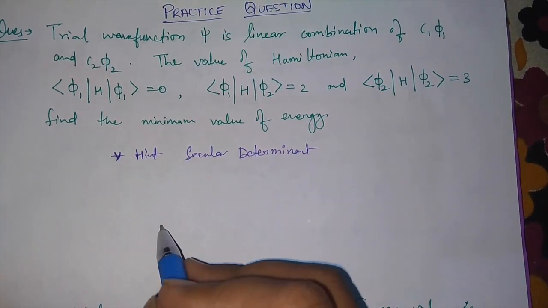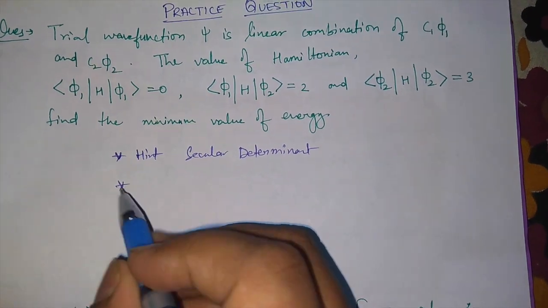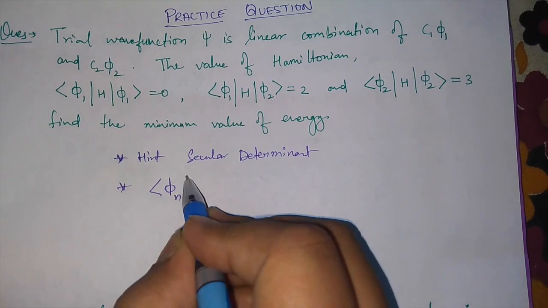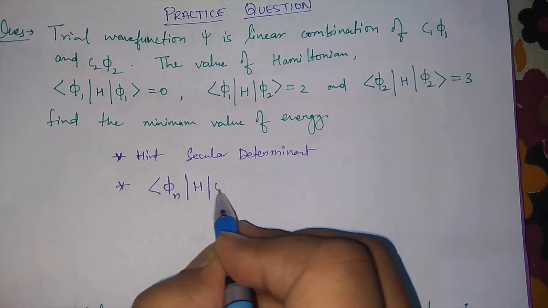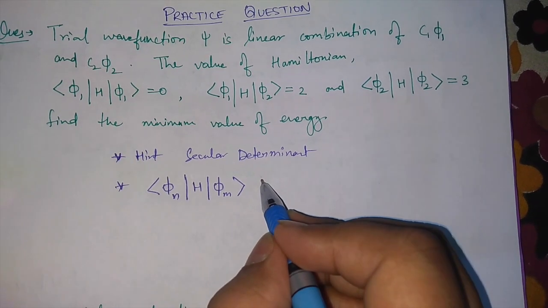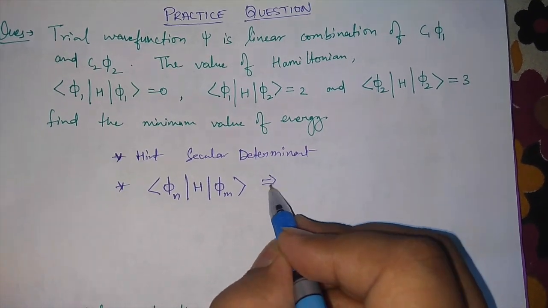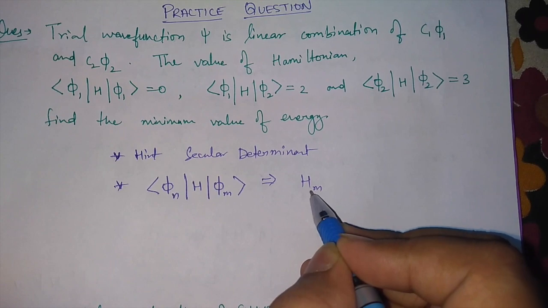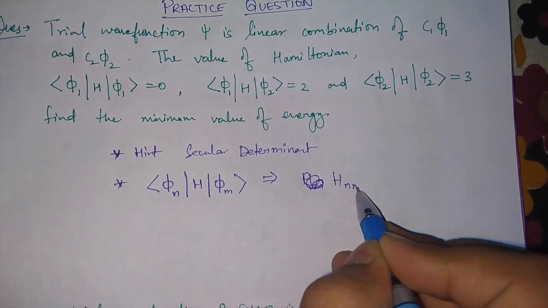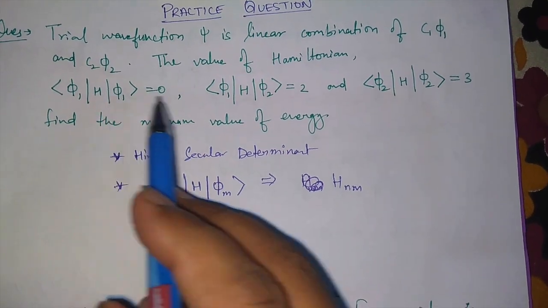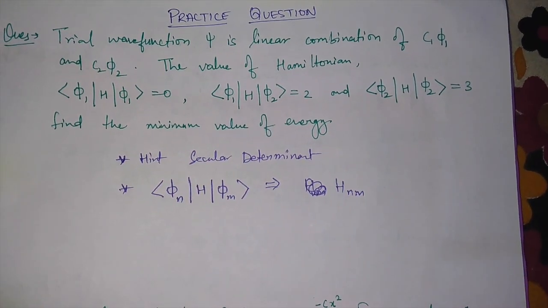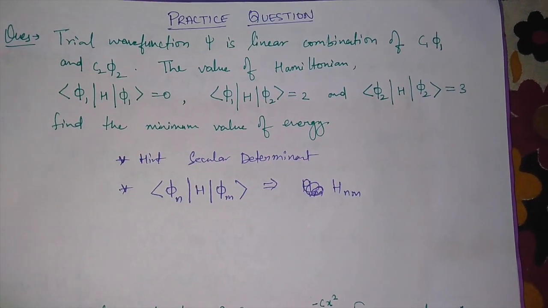And the other hint I want to give you is that this thing, ⟨φn|H|φm⟩, can be written in this form also, that is Hnm. I hope you guys understood. So like that it will be H11, H12, H22. Just use the secular determinant and try to find out what the value of energy is.